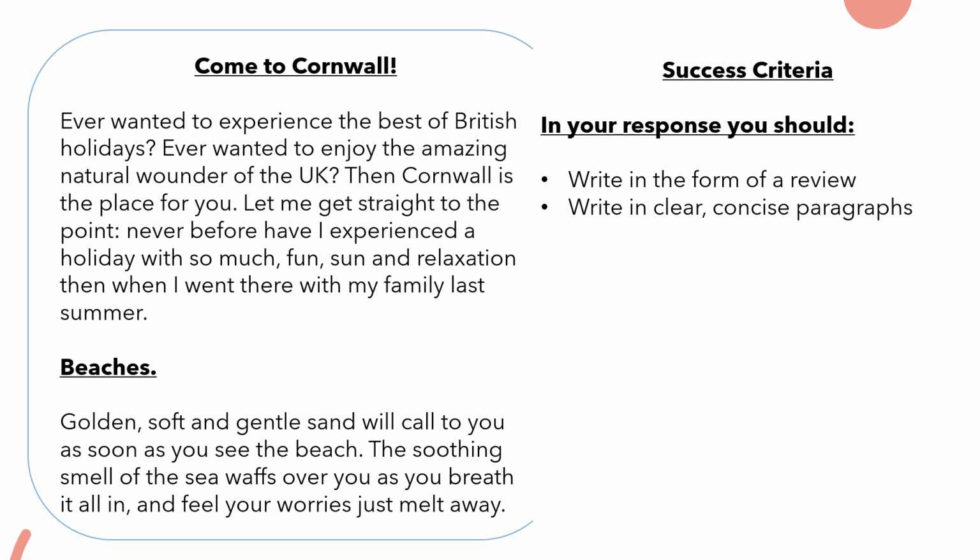We can see here that the paragraphs, even though they look quite big on the screen, are actually quite nicely laid out. We can clearly see that the start of it is a bit of an introduction, and we know that the next one is moving on to talk specifically about the beaches. So in terms of that success criteria, it seems to have met it quite well.